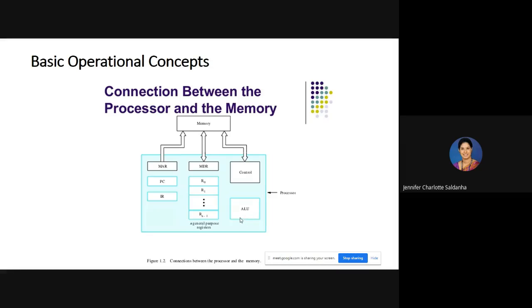Actually, there will be one register called the accumulator register, which is not shown here pictorially. The accumulator is a register which holds the result of arithmetic and logical operation. Now, it cannot be retained there because that is temporary. If one more operation takes place, the contents of the accumulator will be overwritten. So it is customary to transfer the result to the memory for storage, right?